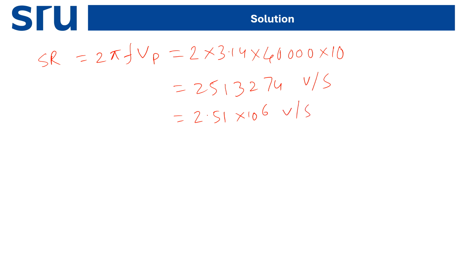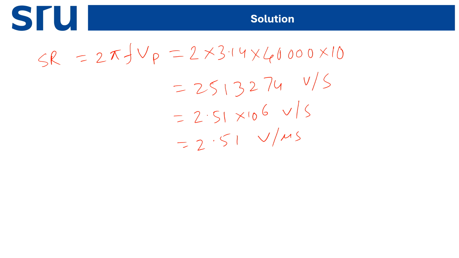Okay, or for a better comparison with the available op amp, we can convert this into volt per microsecond. So this will be 2.51 volt per microsecond, right?